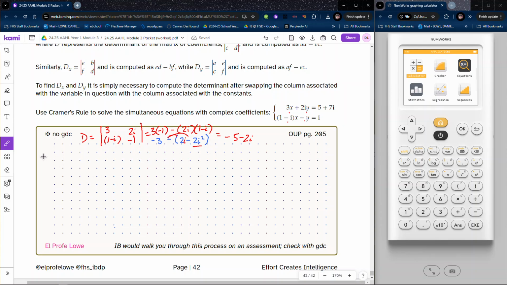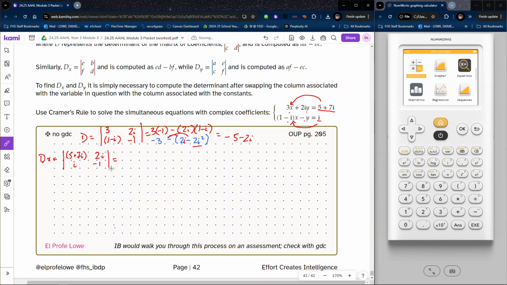Then my column swap for my next determinant, I'm going to take the 5 plus 7i and the i, and swap them into my matrix. So I'm going to have 5 plus 7i and i for the first column, and I'm going to keep the 2i and the negative 1 for the second column.